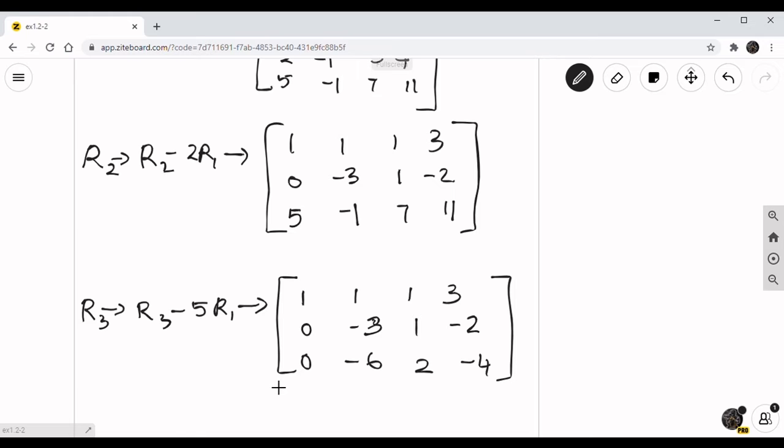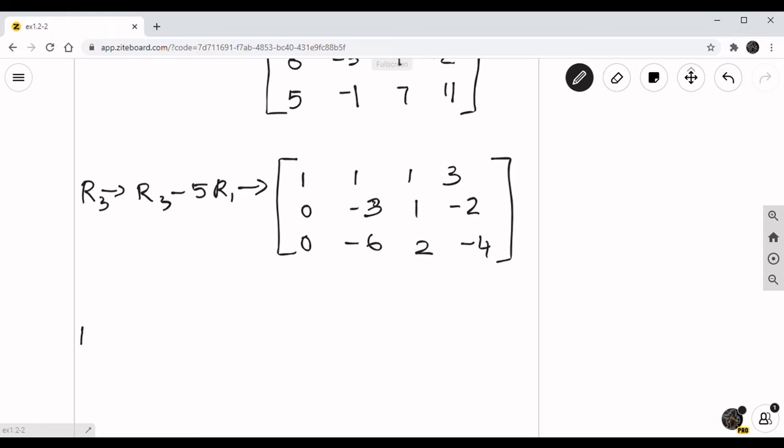Now we have to try to make all the elements in the third row 0. Think how it can be done. When we relate the second row and the third row, if we multiply the second row and subtract, we are getting 0: 2 minus 2 is 0, 4 minus 4 is 0. So the next step: row 3 can be changed as row 3 minus twice of row 2.